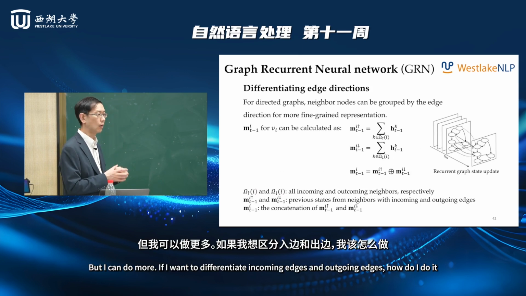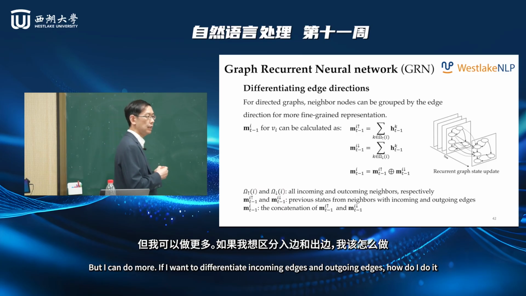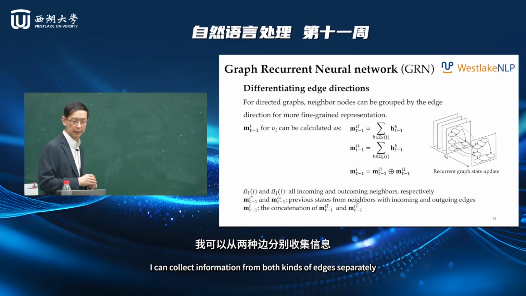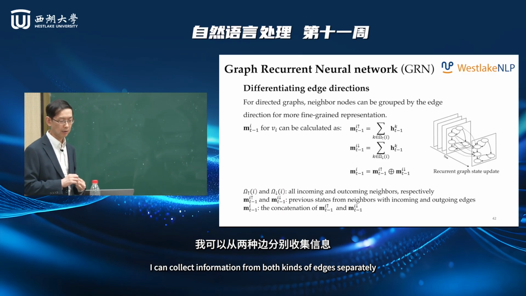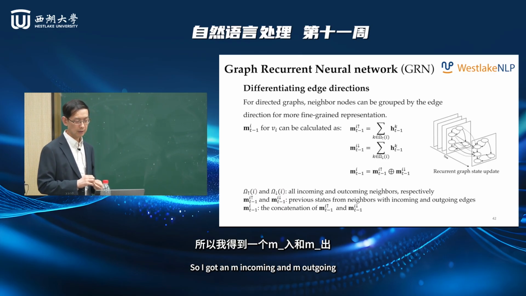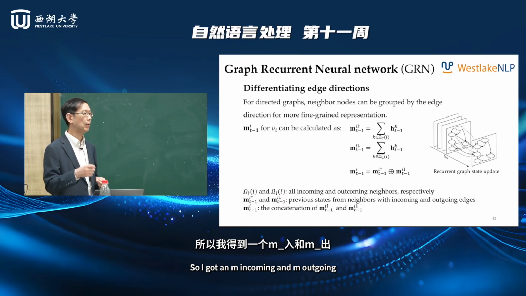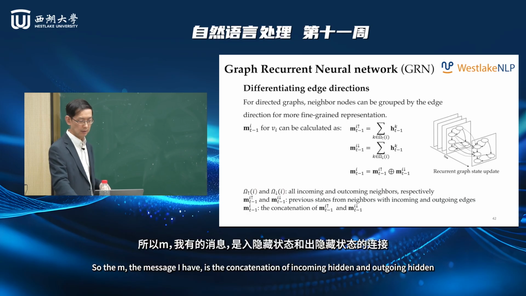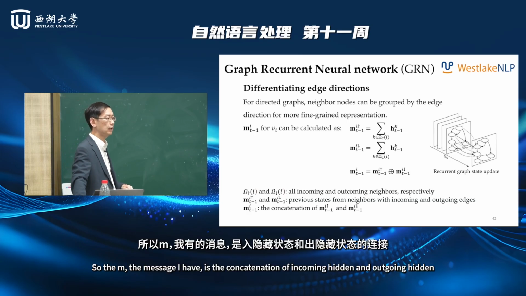But I can do more. Okay. If I want to differentiate incoming edges and outgoing edges, how do I do it? Oh, I can collect information from both kind of edges separately. Okay, so I got an M incoming and M outgoing. So the M, the message I have, is the concatenation of incoming hidden and outgoing hidden.